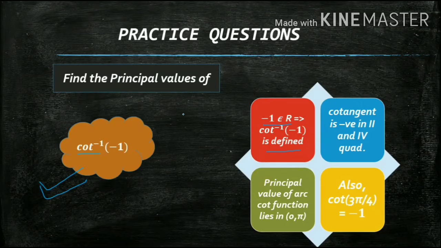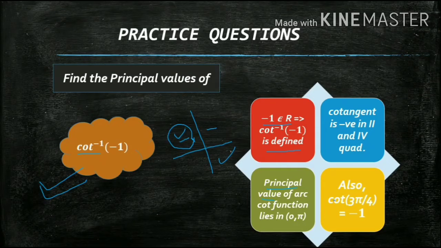First step is done. Second step, the cotangent function is negative in the second and fourth quadrant. Third step, the principal value of the arc cot function lies in the open interval 0 comma pi. The common region is the second quadrant.